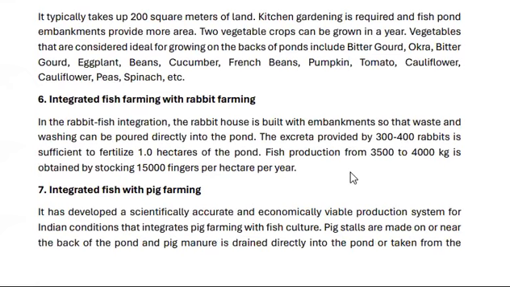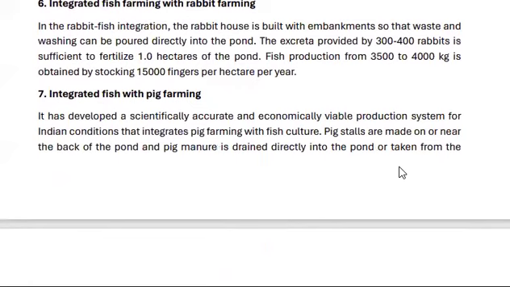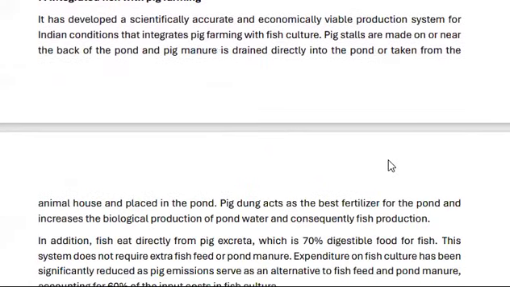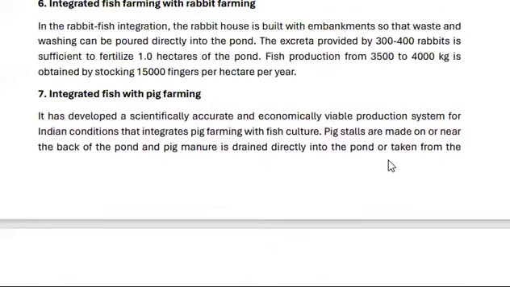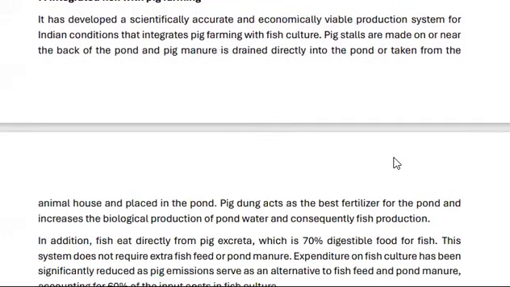Then we also have integrated fish with pig farming. So pwede pala to. Pig farming, then fish farming. So dito, ginagamit yung pig dung as fertilizer for the pond.